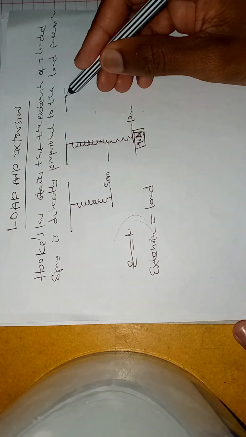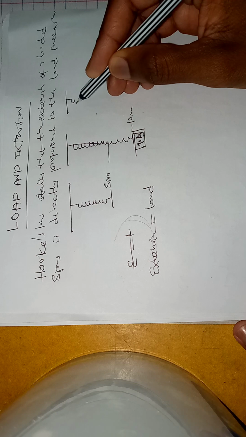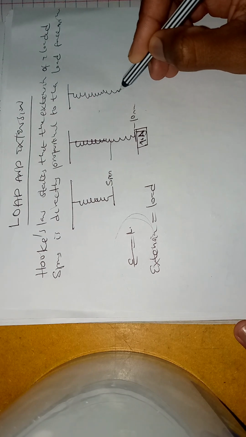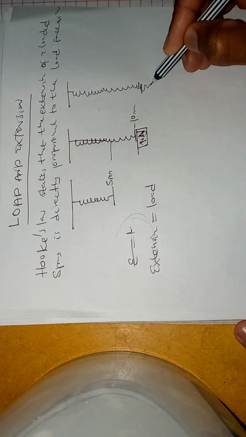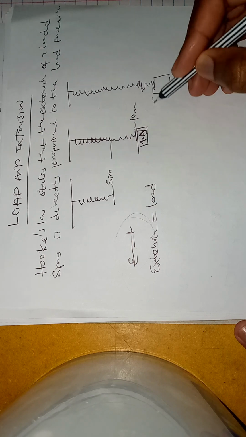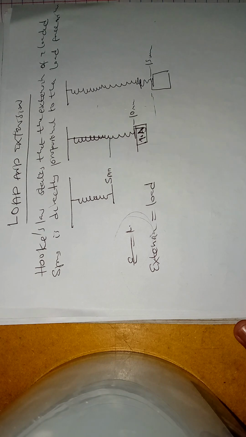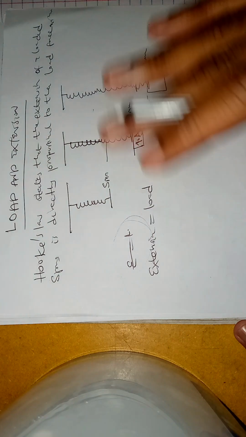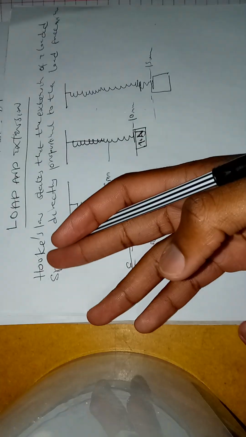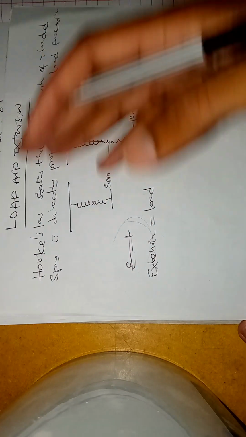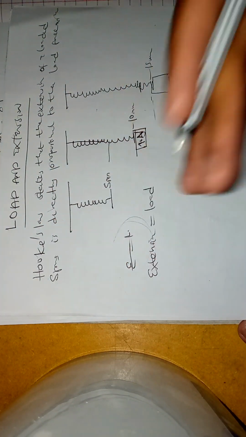So if we attach a 20 newton load, maybe it extends to 15 millimeter. So this is all on the load and the extension. You know what Hooke's law states, and you understand that we can have more extensions and more loads attached. To understand Hooke's law, we use a spring.